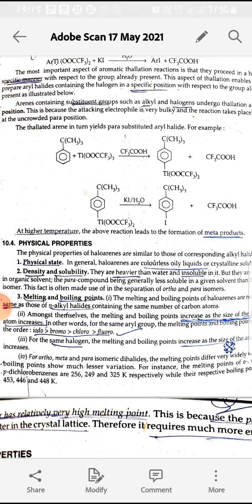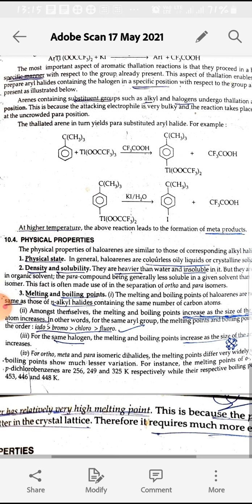Next point is the size of the aryl group: as the size of the aryl group increases, melting and boiling point also increases, for the same reason, because of increase in van der Waals forces of interaction.